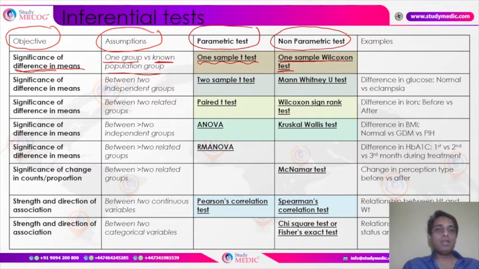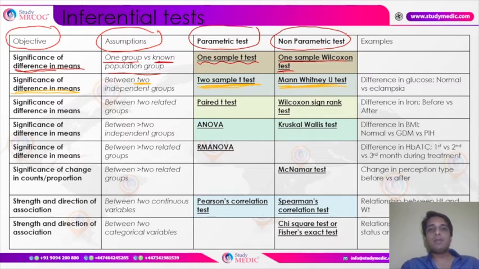Now, if the objective is to find the significance of difference in means between two independent groups, the parametric test is the two sample t-test. The non-parametric test is the Mann-Whitney U test. We should remember parametric tests are used when all assumptions are met and the data is normally distributed. Non-parametric tests are used when it fails to meet certain assumptions and the data is not normally distributed.